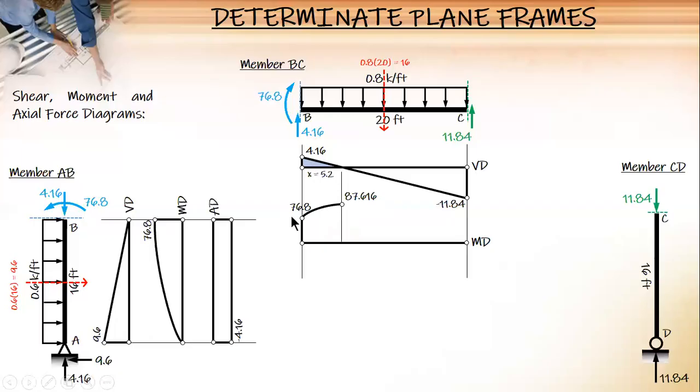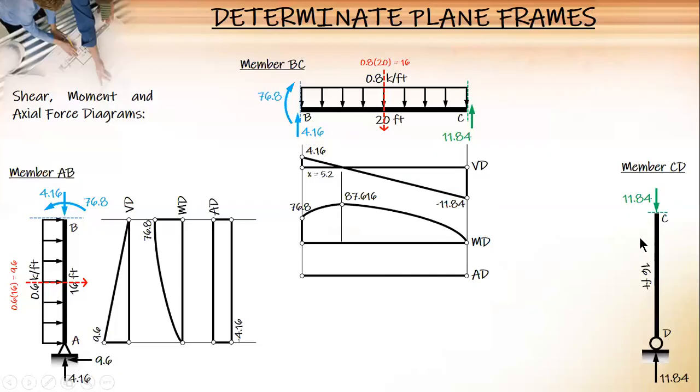So area of this plus 76.8 is equal to 87.616. And then area, one half of 14.8 times 11.84. The area is equal to this. So minus, the curvature is concave downward, so leave it as is. And then we don't have any axial forces, so leave the axial diagram as is.